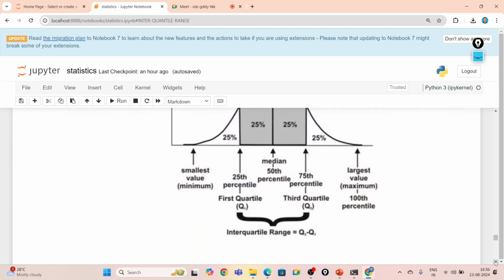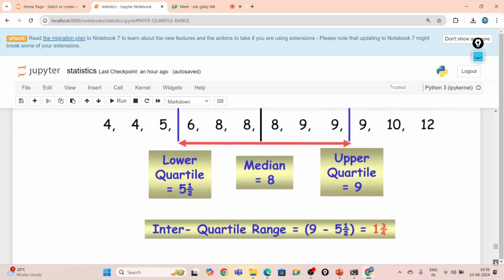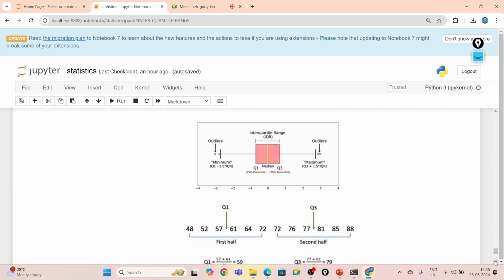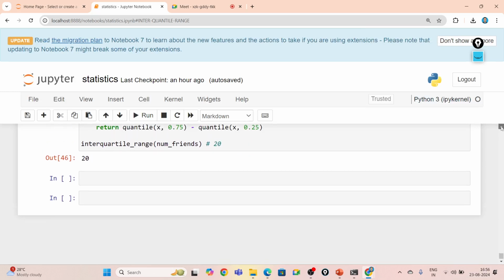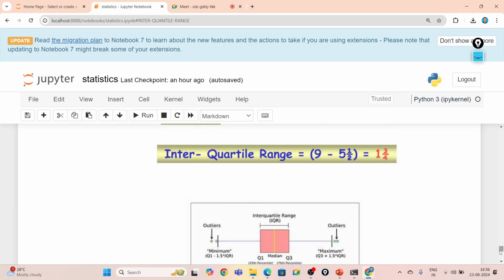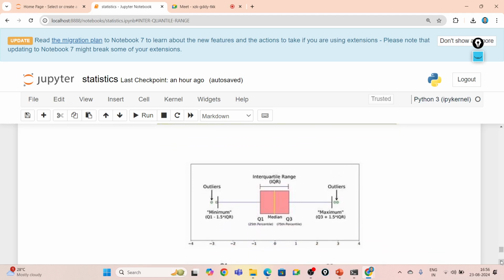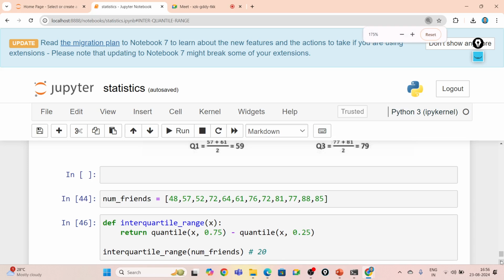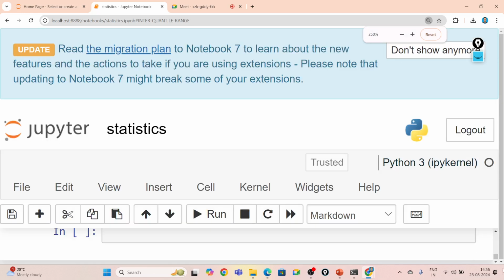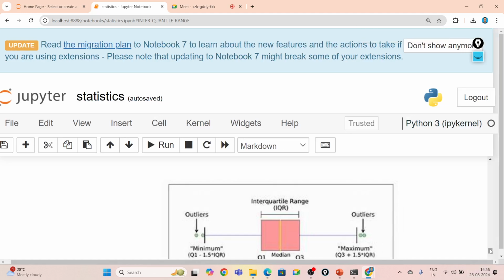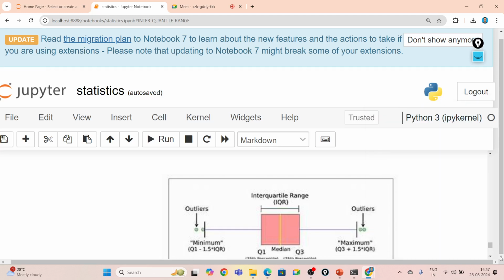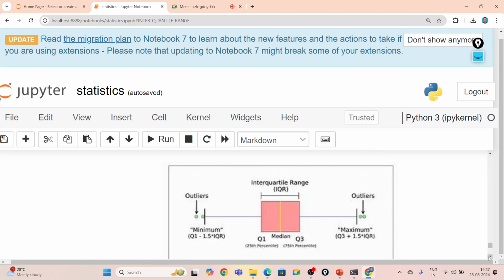This is the proper diagram through which you can understand it. Is it visible to you?